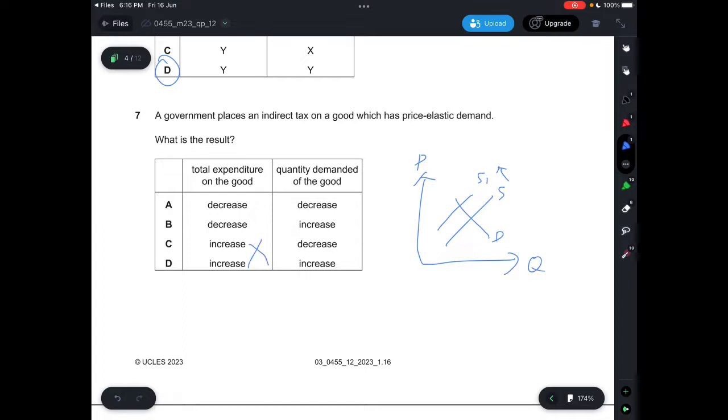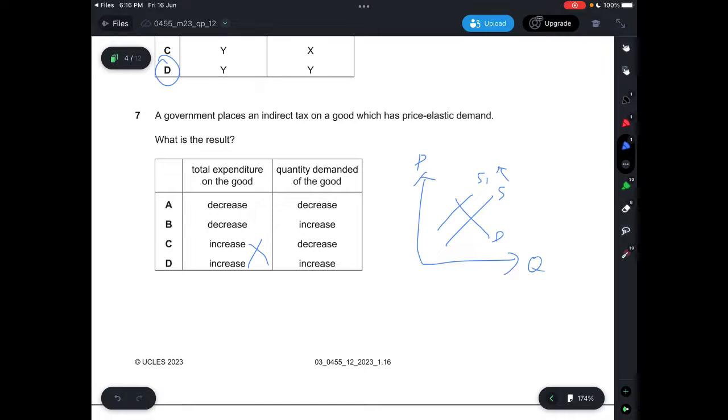Unless it's a price inelastic demand, only then the total expenditure will increase, because the percentage change in price would actually be relatively higher than the percentage change in quantity demanded if it's inelastic. But if it's elastic demand, the percentage change in quantity demanded will be higher than your percentage change in price, so it has to decrease.